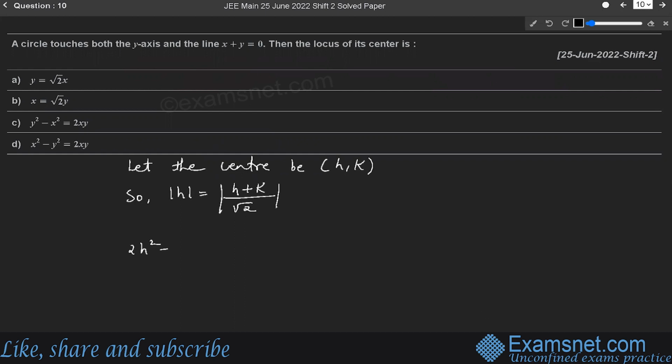So 2h square will be equal to h square plus k square plus 2hk. Therefore, the locus will be x square minus y square is equal to 2xy. Therefore, the correct option here is option number D.